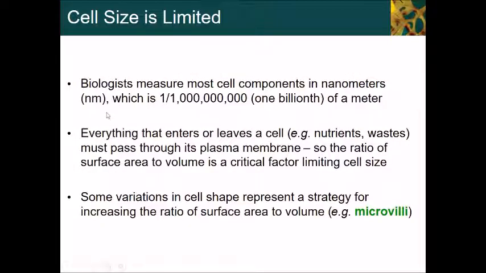So, the cell size is limited and varied. Everything that enters or leaves the cell must pass through the plasma membrane. Okay, so the ratio of the surface area to volume is a critical factor limiting cell size.